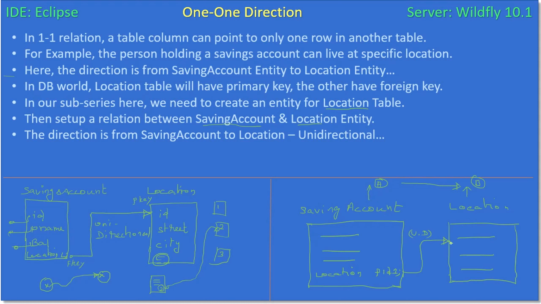When we establish a relationship between one entity and another entity, the corresponding database table will have that same relationship. That means we will be creating a location table also. Savings account is already there, but for the savings account table we need to add one more field to establish this relation.